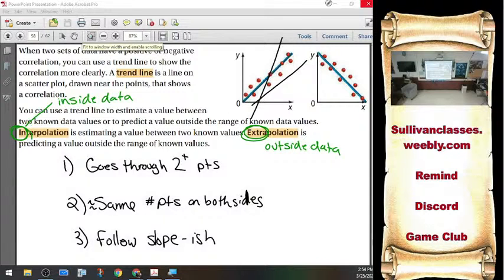Since $2.75 per gallon is between the 4 and the whatever we had, I already forgot, anything in between those data points is interpolation.